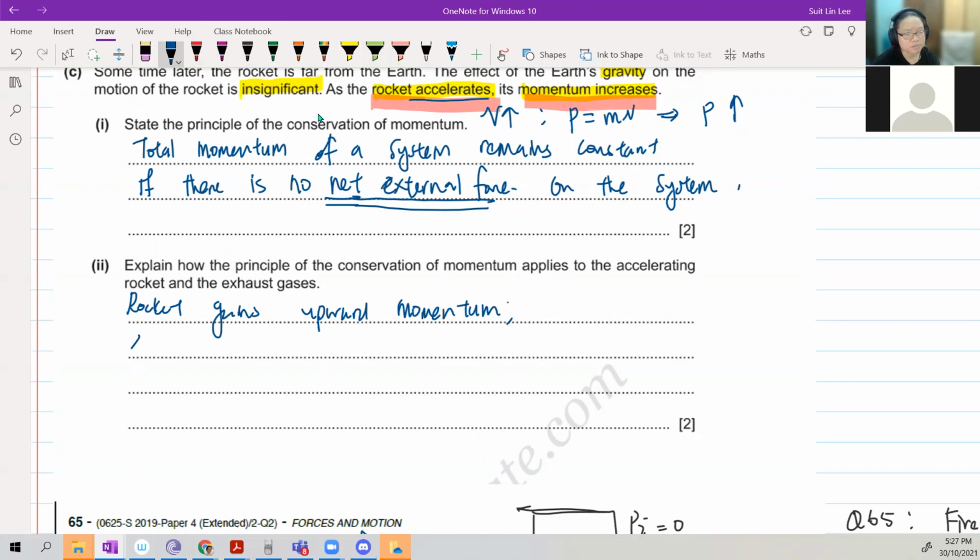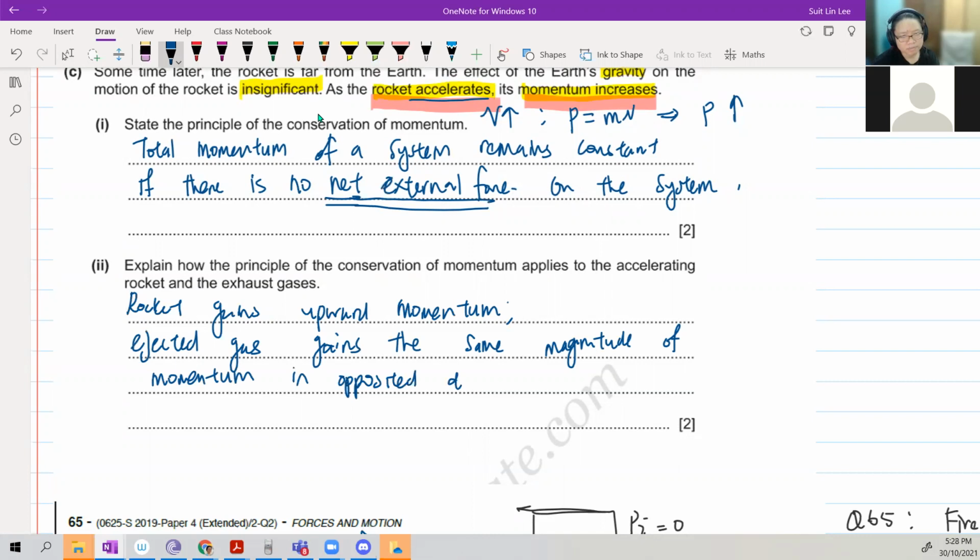This is because the ejected gas gains the same magnitude, or the same amount of momentum, in the opposite direction. Hence, the total change in momentum is still 0. Momentum is conserved.